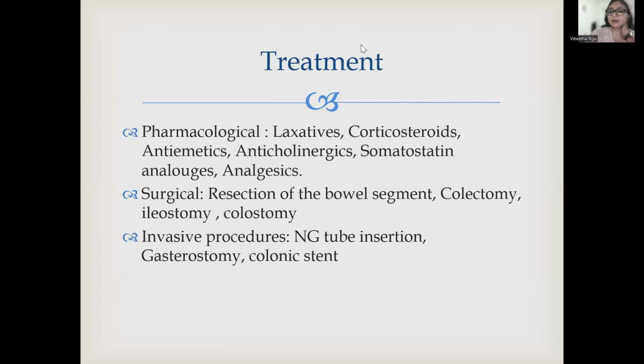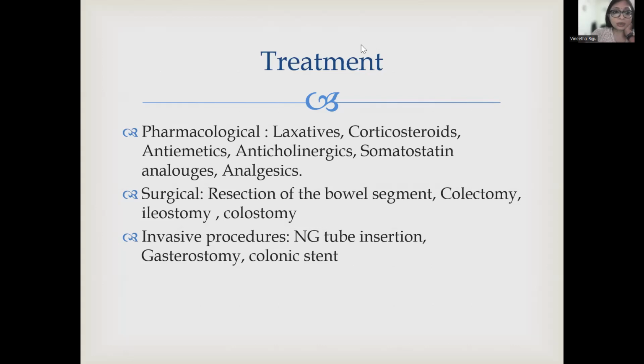Okay. Now we have also antiemetics, which have to be given. Again, we can go for prokinetic antiemetics because it will help to propel the fecal matter and help with the peristaltic waves. But if your patient is having abdominal colic, it might aggravate by using prokinetic antiemetics like metoclopramide.